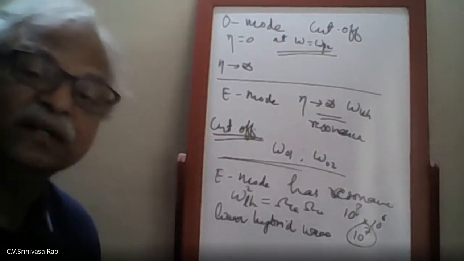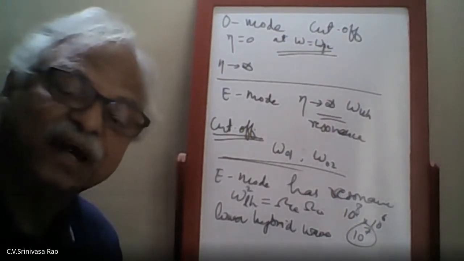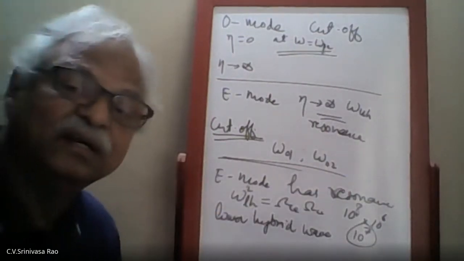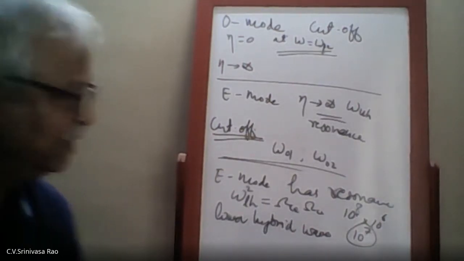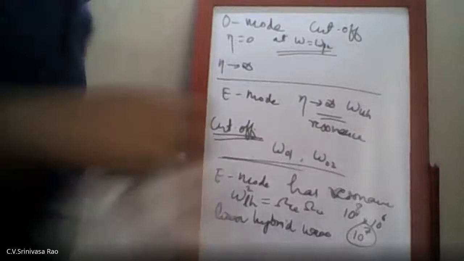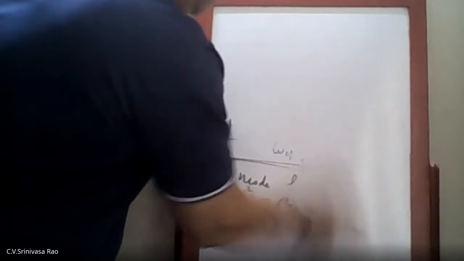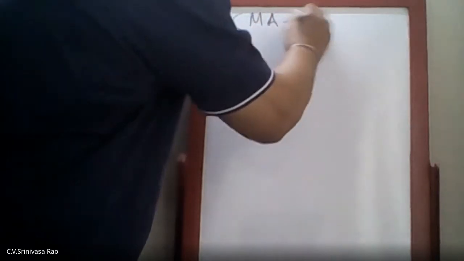Also, you'll see that a wave enters into the plasma, it immediately vanishes, and after a certain frequency again it reappears. All this information you will get in the CMA diagram. It's a very interesting diagram. I'll not get into too much detail about this today, but next class, the CMA diagram.